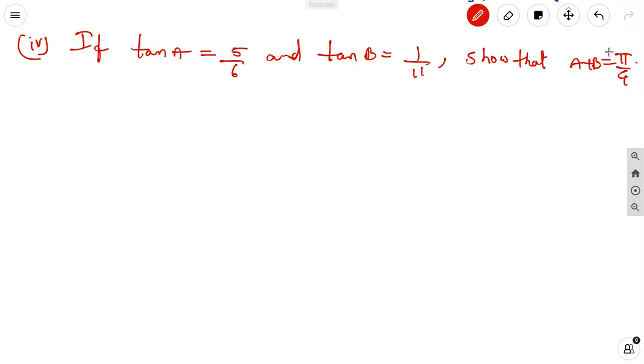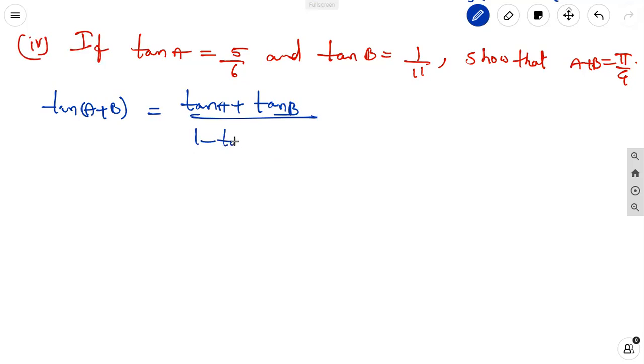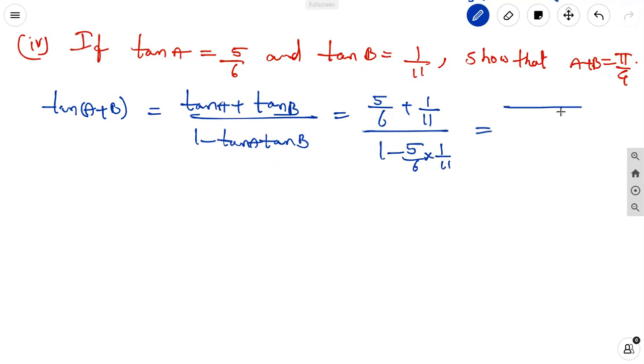Again use the formula of A plus B only, that is tan of A plus B equals tan A plus tan B by 1 minus tan A tan B. Substitute the values: 5 by 6 plus 1 by 11 by 1 minus 5 by 6 into 1 by 11. Taking the LCM, 66 is the LCM.